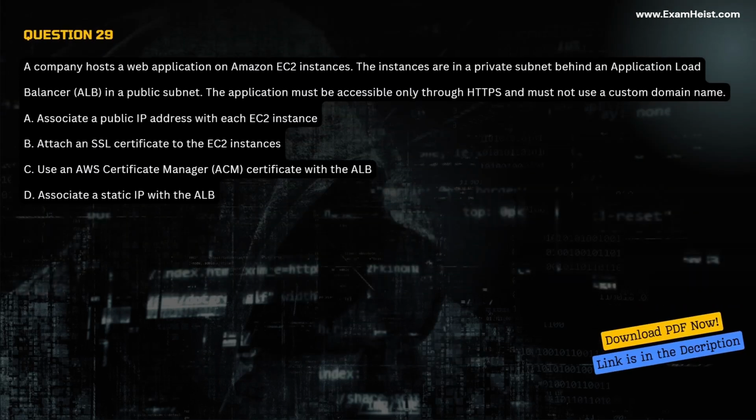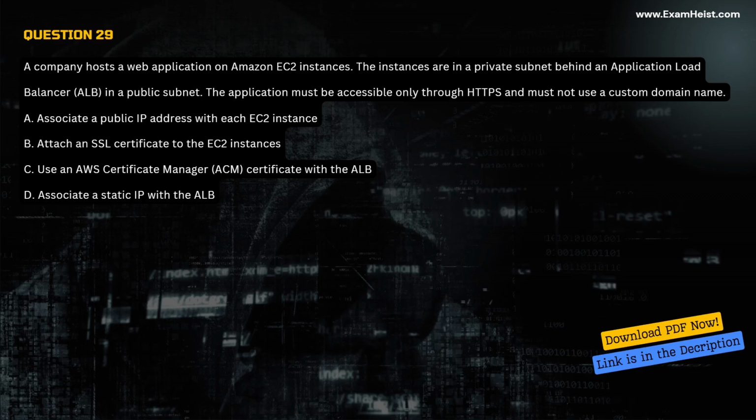Question 29. A company hosts a web application on Amazon EC2 instances. The instances are in a private subnet behind an application load balancer, ALB, in a public subnet. The application must be accessible only through HTTPS and must not use a custom domain name. A. Associate a public IP address with each EC2 instance.